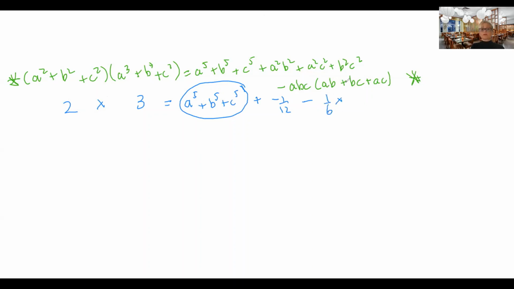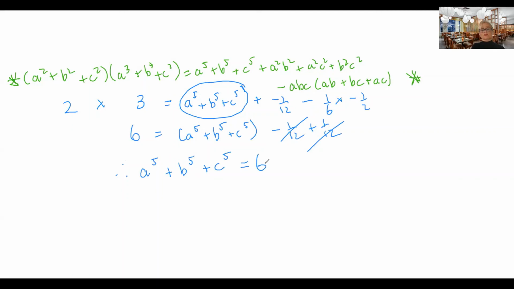And AB plus BC plus AC, what was that equal to? That was negative 1/2. So we get 6 equals this expression minus a 12th plus a 12th. So, lo and behold, A to the 5th plus B to the 5th plus C to the 5th is just 6. How cool is that?